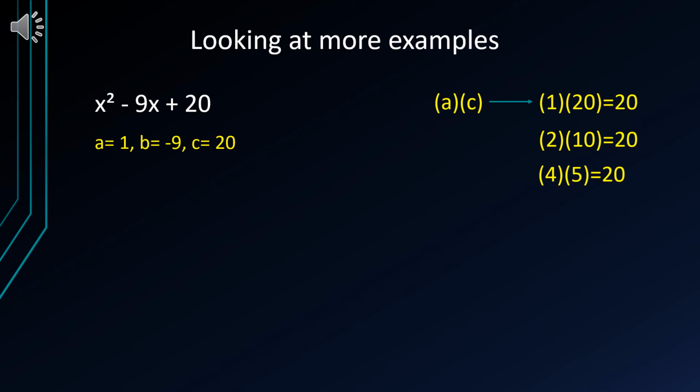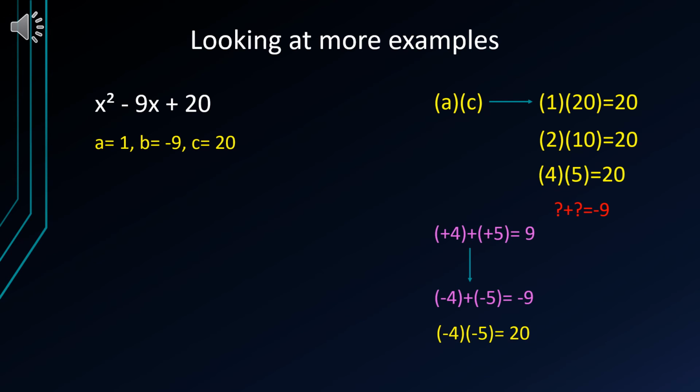From these multiples, we will need to choose the one to sum to negative 9. Since positive 4 plus positive 5 is equal to 9, we can simply manipulate the signs to get negative 9. Hence, we have negative 4 plus negative 5 equals negative 9.